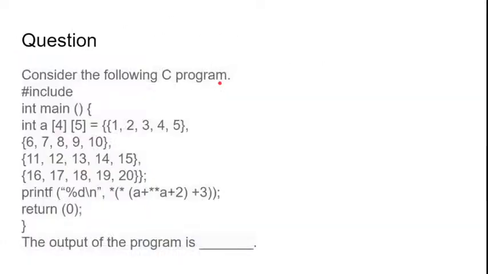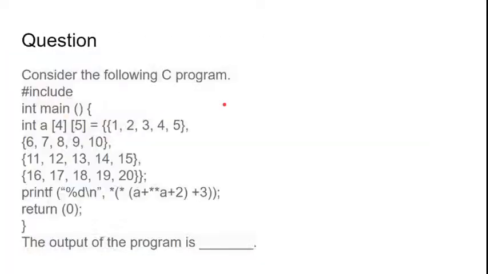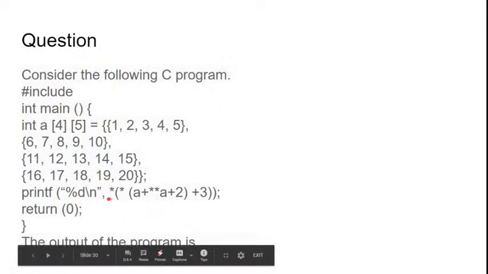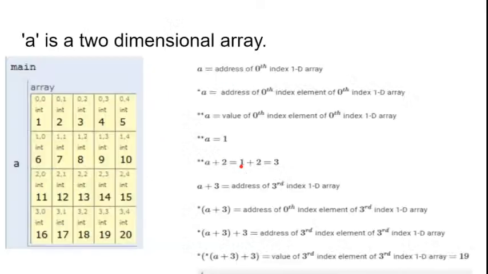So a is a two-dimensional array. a is the address of the 0th index in the one-dimensional array. So star a indicates the address of the 0th index element of the 0th index one-dimensional array.